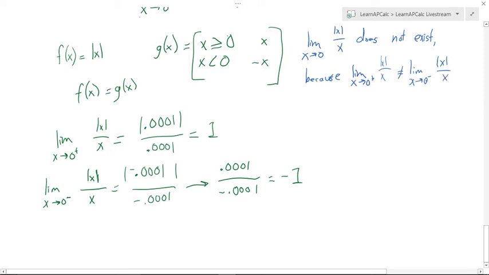And this is how you would want to write it out on the AP test. So we're saying that our limit doesn't exist because the values approached from each side are not equal.